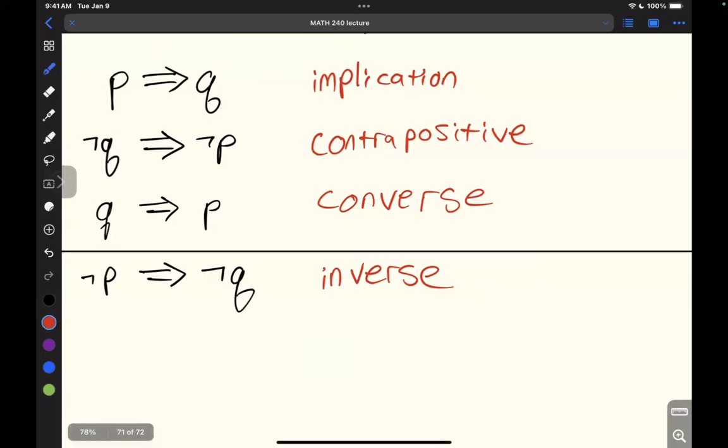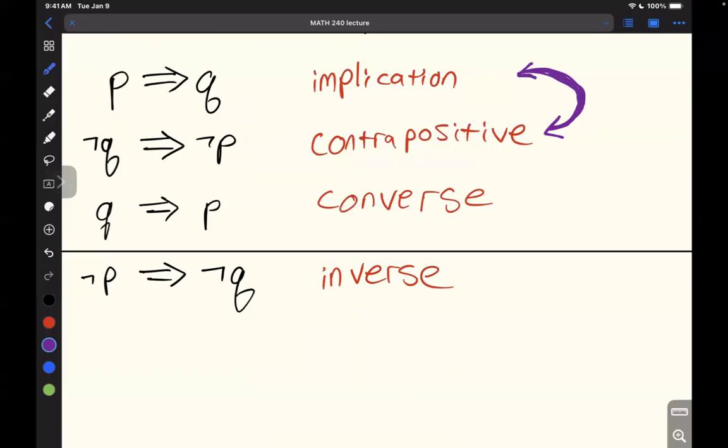And so in terms of equivalency, there's only two in here that are logically equivalent. And they are the implication and the contrapositive. We can show using a truth table that these two are logically equivalent. The rest are just useful terms to know.